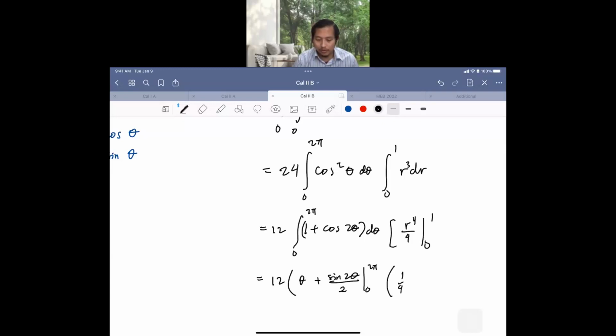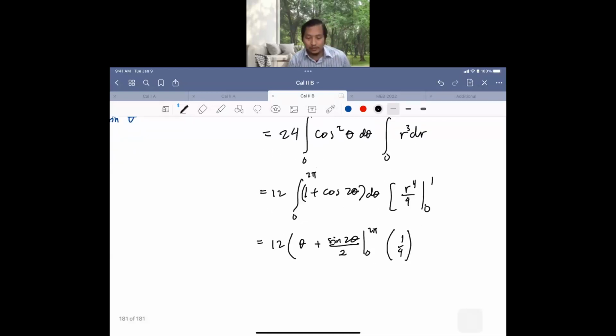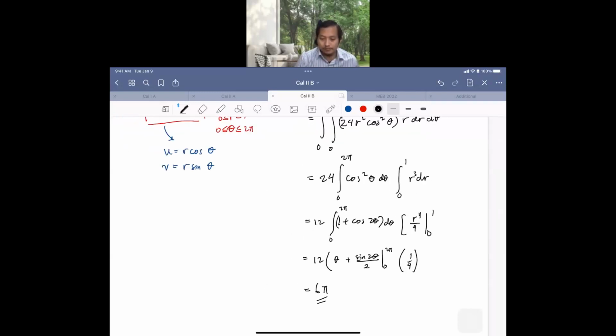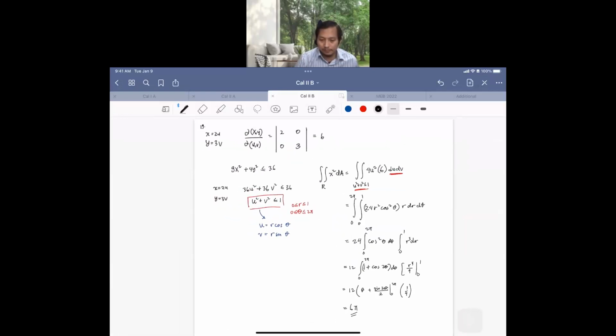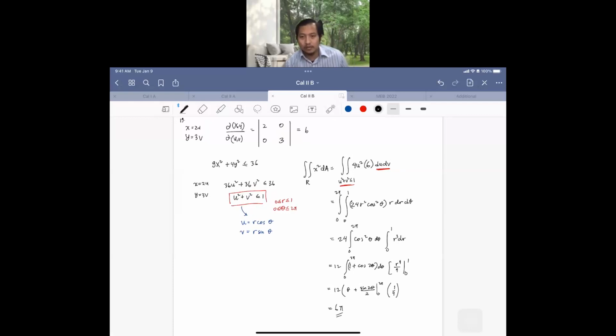This is 1/4, so we have 24 divided by 4, right? 6 pi, because the sine term is 0. So 6 pi. Okay, any questions from this number 19?